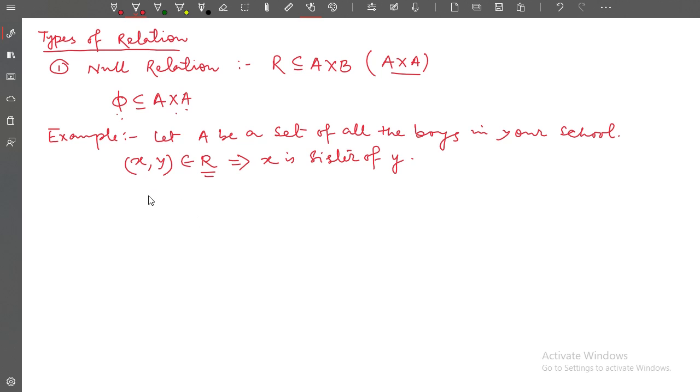Then this relation will be a null relation. Why? Because x is a boy, y is a boy, x and y both are boys, so x cannot be sister of y. This is a null relation.